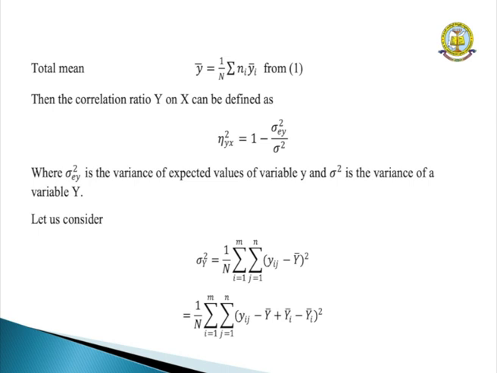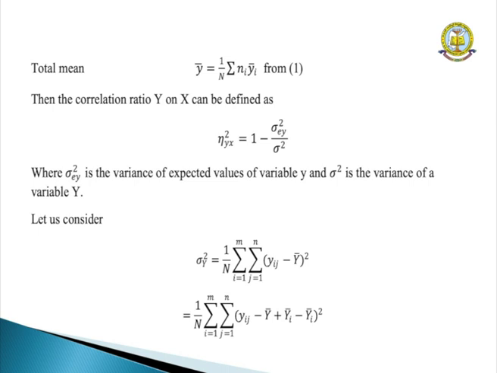Now I can write this in another form, by adding and subtracting yi bar with y bar. Then we get the same function, but ultimately I want to establish a new formula for this.